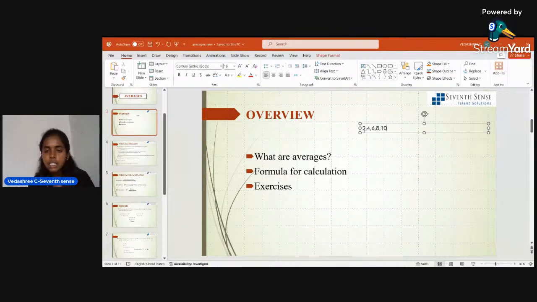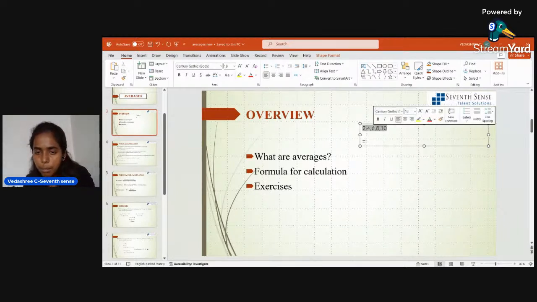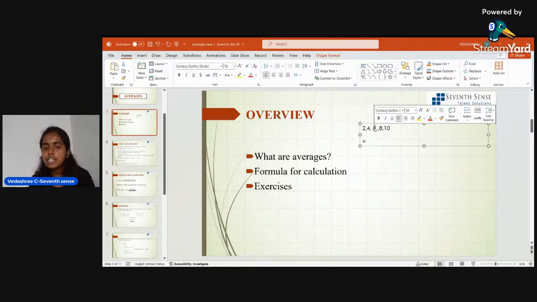We have continuous even numbers, right? To calculate this average, we have a formula also, but for all consecutive even numbers, consecutive odd numbers, or consecutive natural numbers, always the middle number will be the average, that is 6 here.